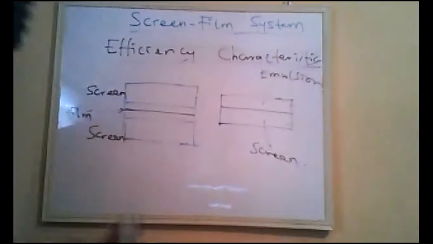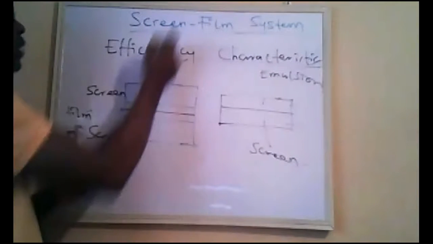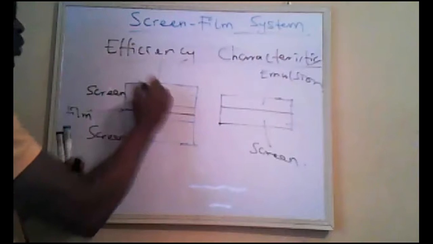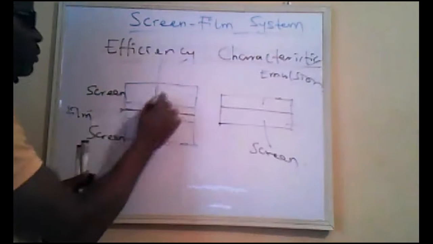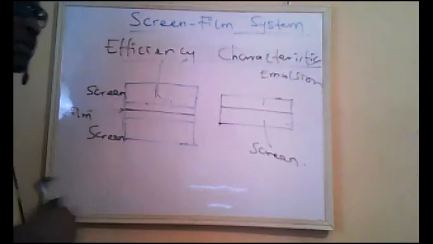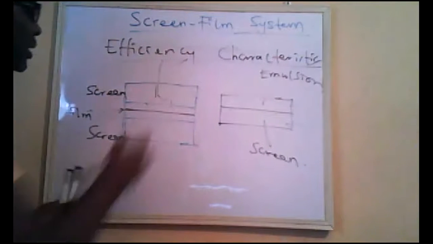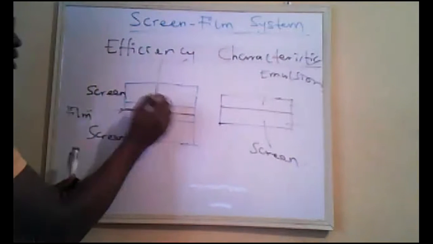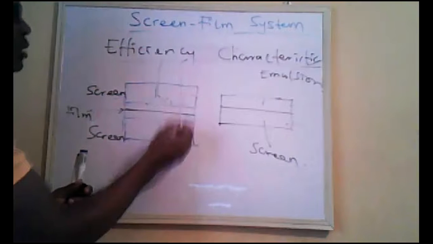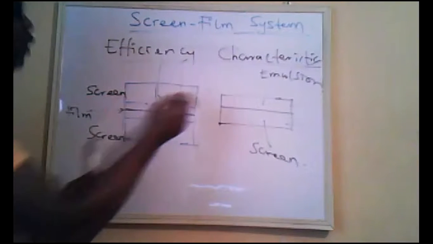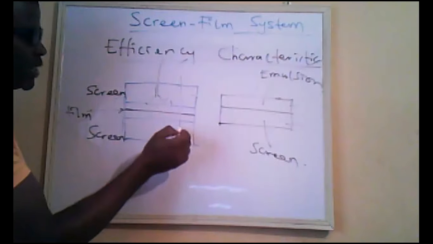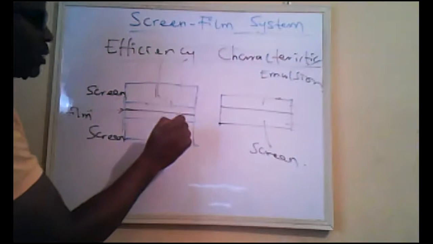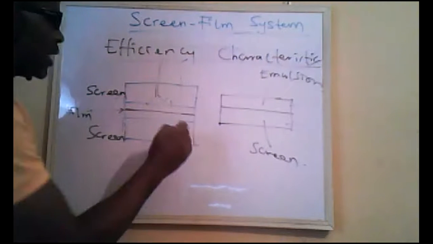In general radiography, the X-ray comes down this way, interacting with the screen. We then have light produced in the forward direction, and it affects the emulsion. It is possible for some X-ray photons not to interact with the first screen, or when they get here, they can also interact and produce light photons.